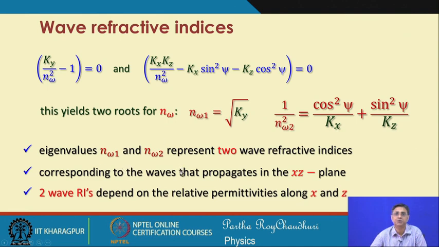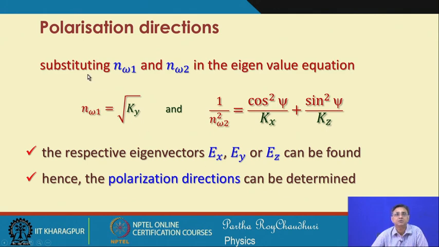Corresponding to these two waves that are propagating along the x z plane, there are two different relative permittivities corresponding to the x and z directions. So, let us see that when you substitute these n omega 1 and n omega 2, the two solutions of the determinant equation in the eigenvalue equation, then we can find that n omega 1 is equal to this and n omega 2 is equal to this quantity.